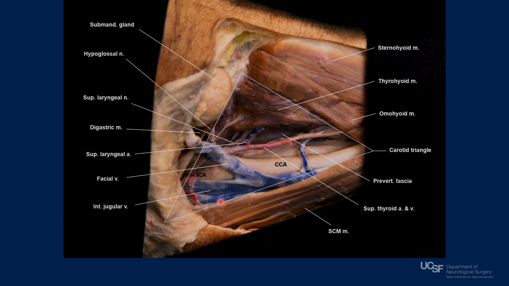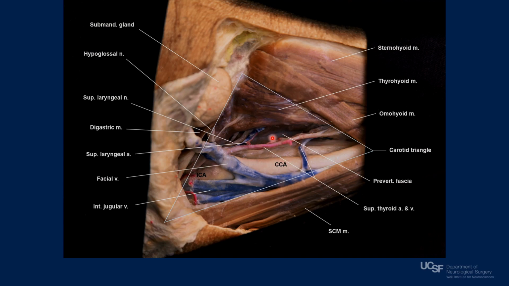And we can also outline the carotid triangle, which is formed anteriorly or medially by the superior portion of the omohyoid muscle, laterally by the medial border of the sternocleidomastoid muscle, and superiorly by the inferior edge of the posterior belly of the digastric.